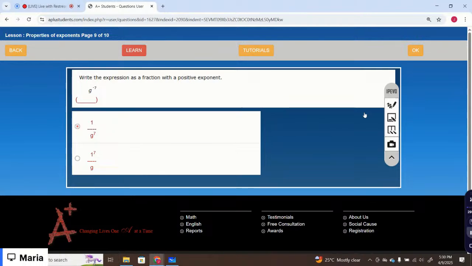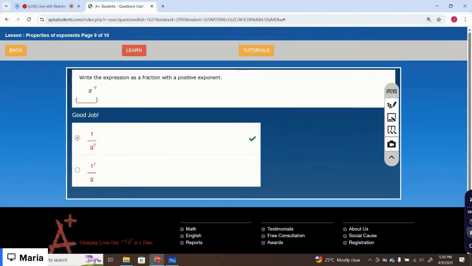Option number one is the correct option. That is 1 over g exponent 7.